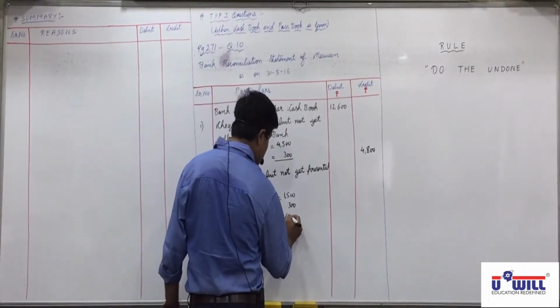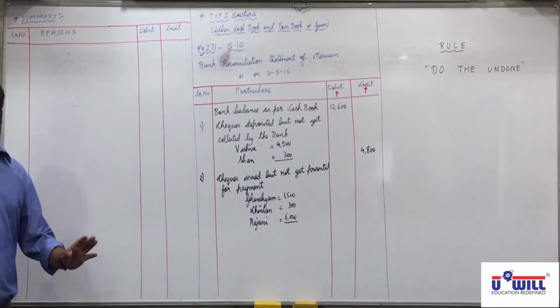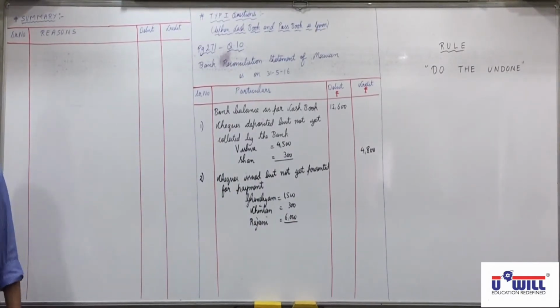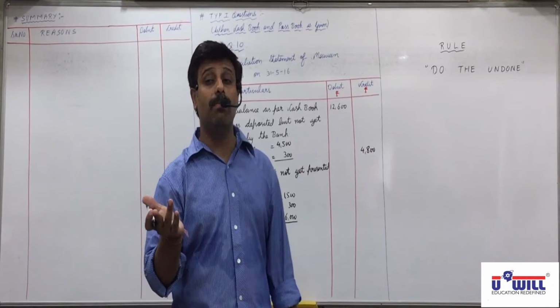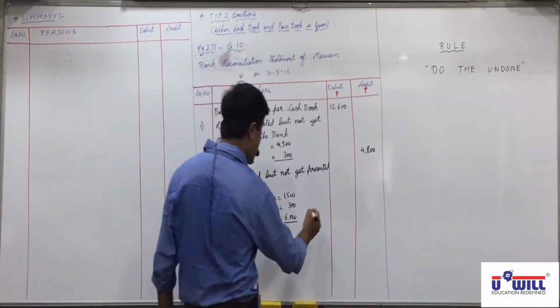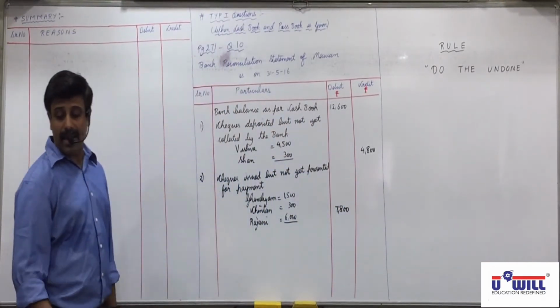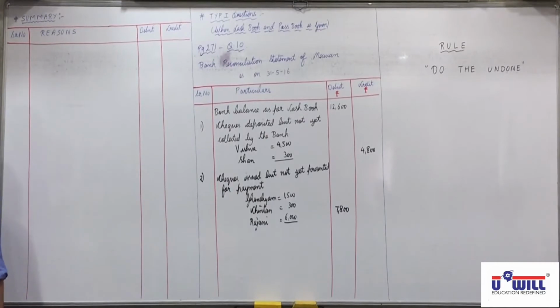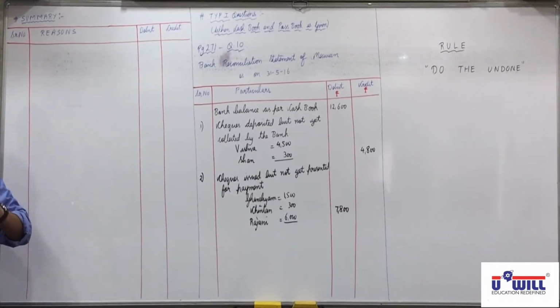So the total amount is 7,800. Now do the under. These 3 amounts are credited in the cash book but not debited in the passbook. So debit in BRS. They come on the opposite side in both the books.